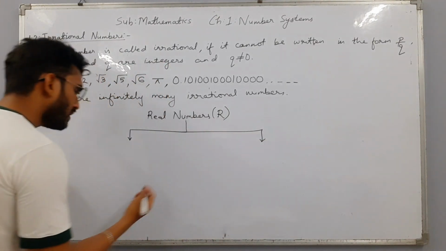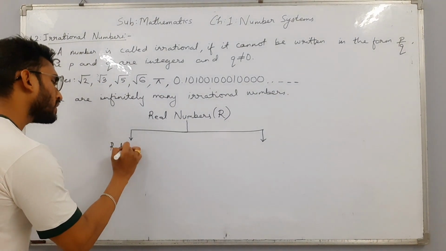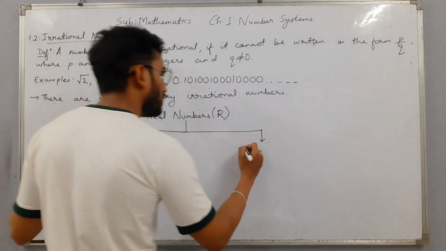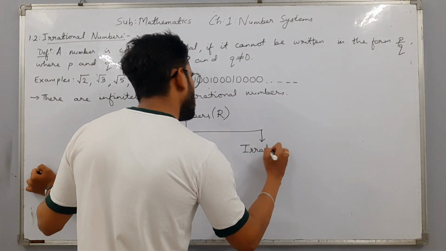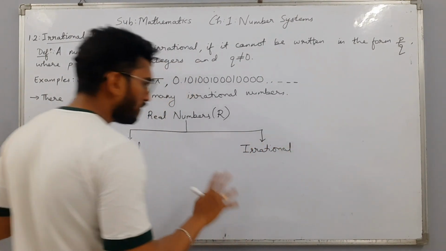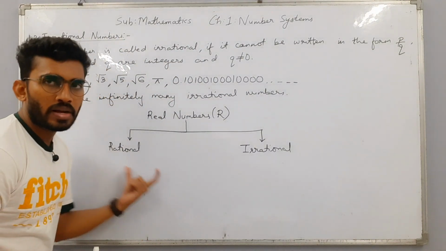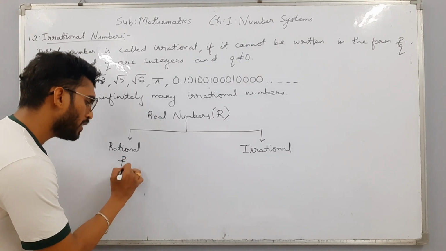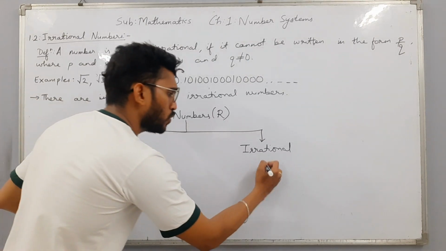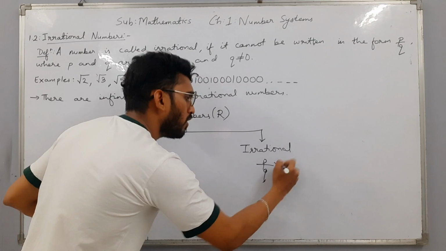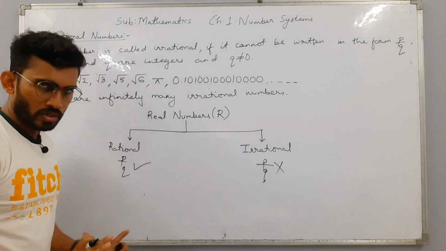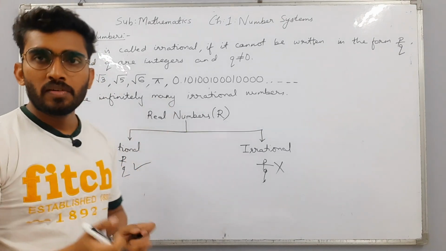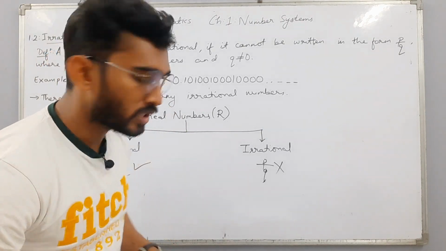The real numbers include all the rational numbers and all the irrational numbers. We clearly know the difference now: rational numbers can be written in the form of p by q, and irrationals cannot be written in the form of p by q. When we combine these two sets, we get the complete set, which is called the set of real numbers.